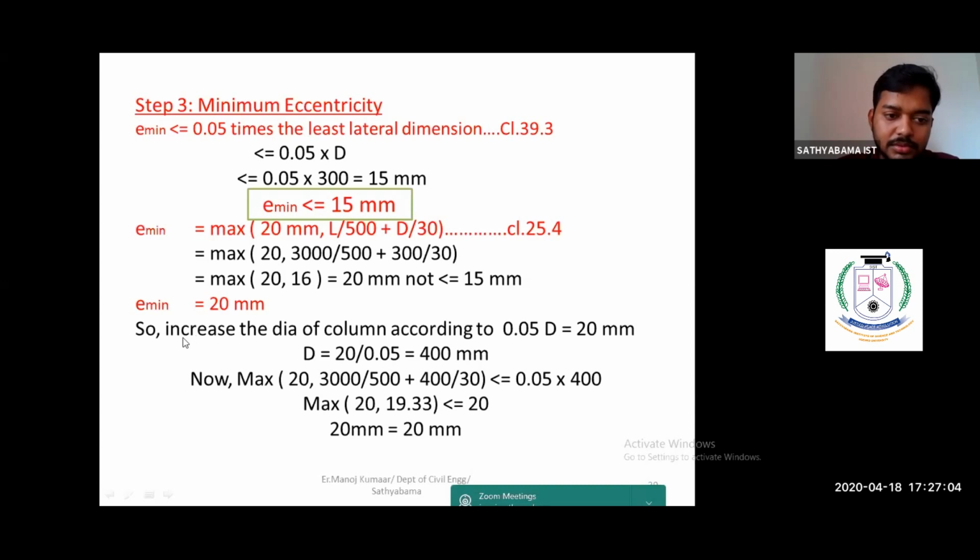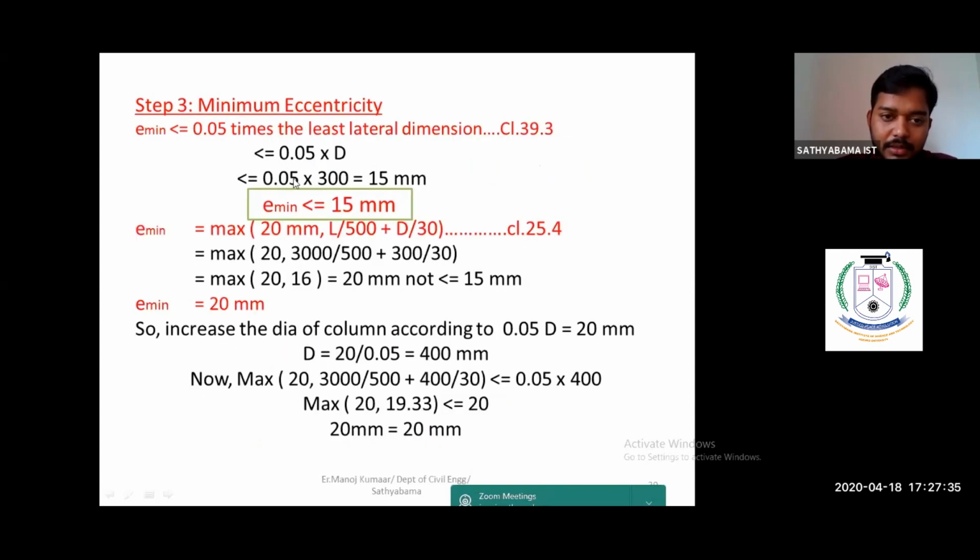In order to maintain this minimum eccentricity, we need to increase the diameter of the column according to this condition, 0.05 D equal to 15. So the maximum is 20. E minimum 20 we are getting from this condition.